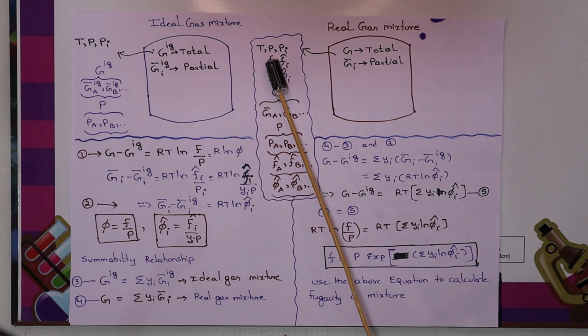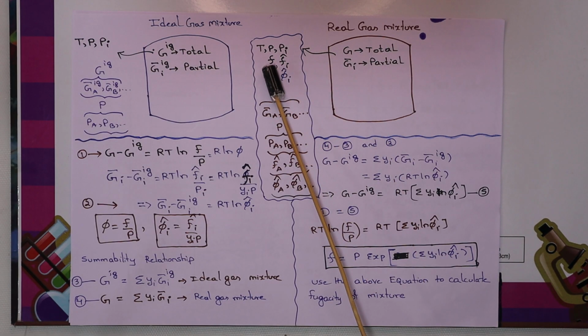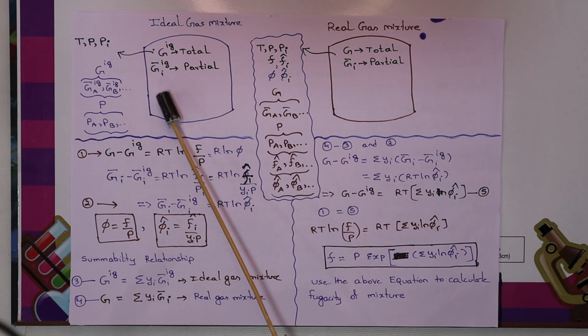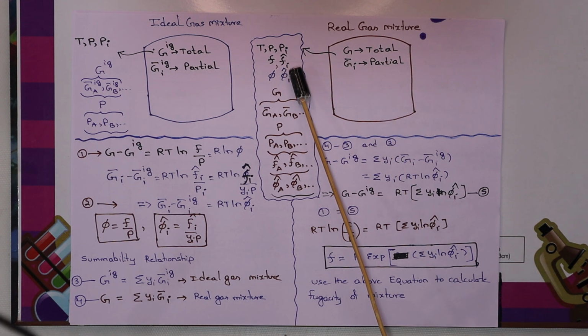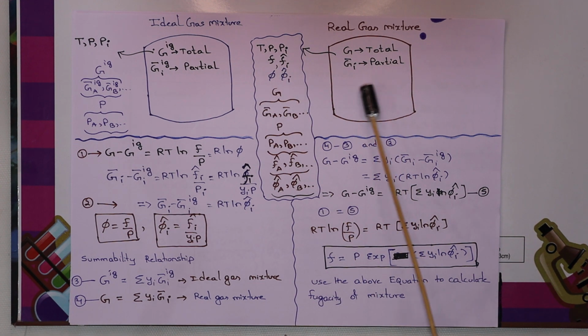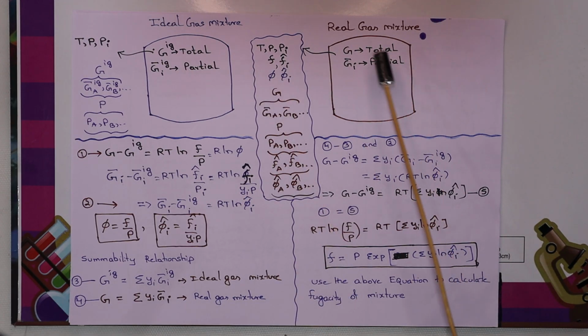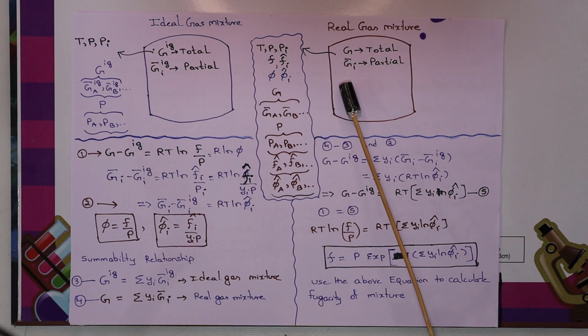T is the temperature, P is the pressure, Pa is the partial pressure of this real gas, f is the fugacity of this particular gas. The fugacity will not be here, the fugacity will be here, and fi cap is representing the partial fugacity of every component in this real gas mixture.